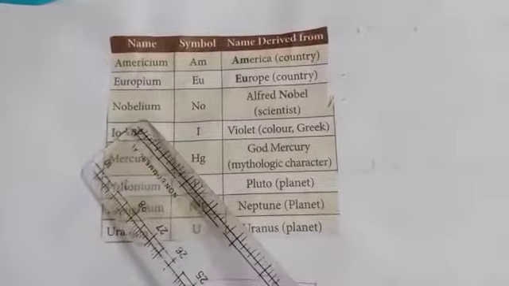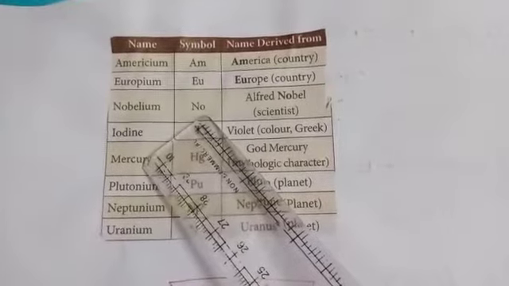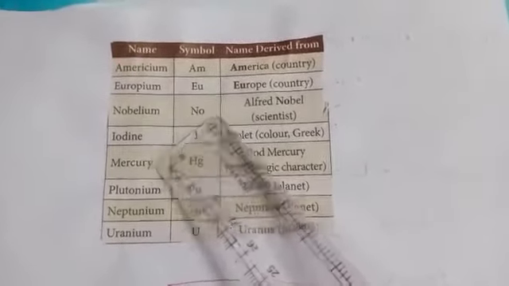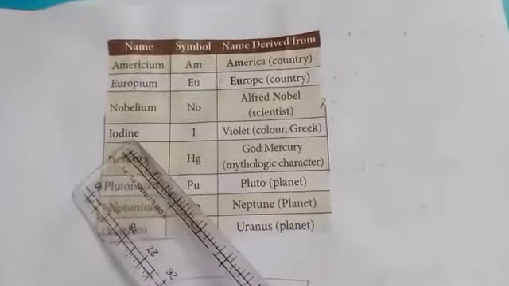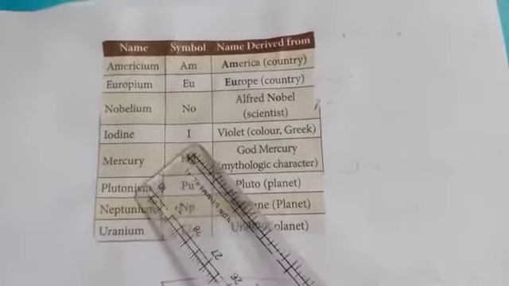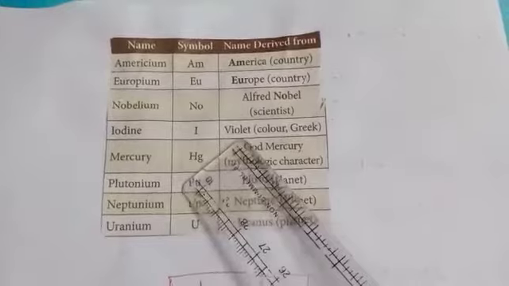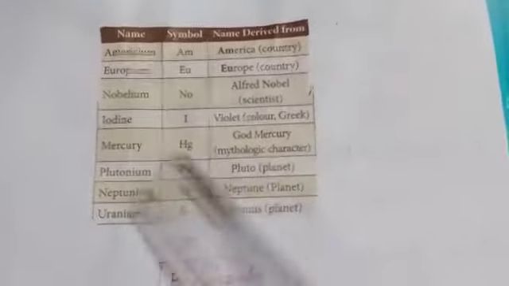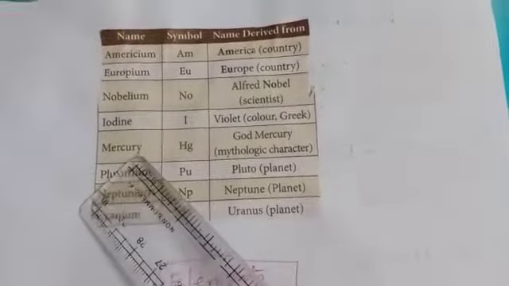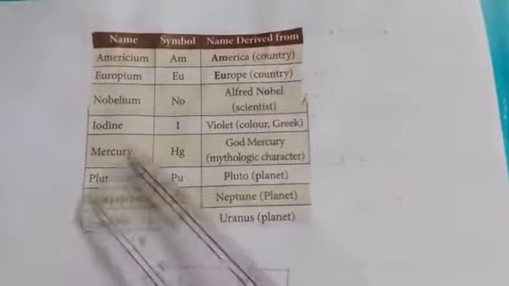And the next one is nobelium. The symbol is No. So this name is derived from Alfred Nobel, the name of the scientist. And another element is iodine. The symbol is I. So this name is derived from the violet color. And this is a Greek name. And the next element is mercury. The symbol of mercury is Hg. See, there is no connection.